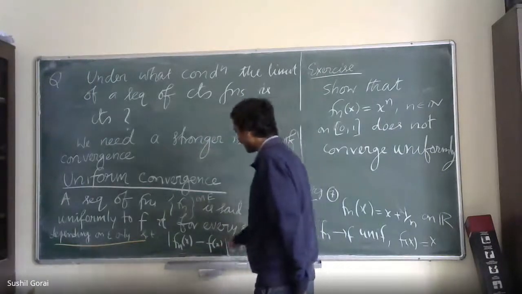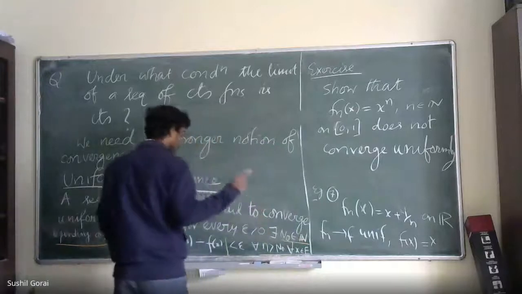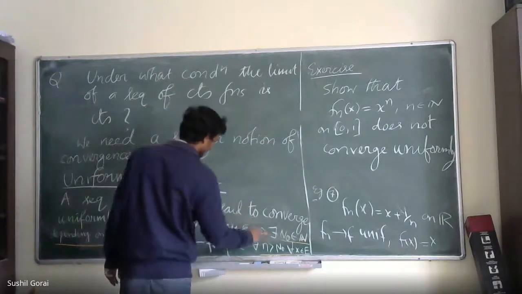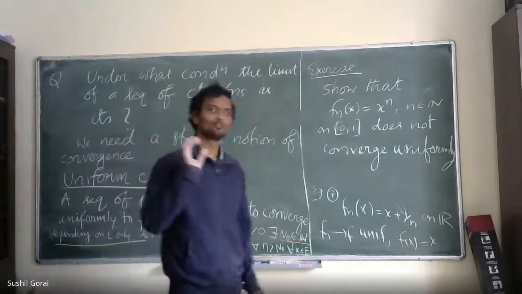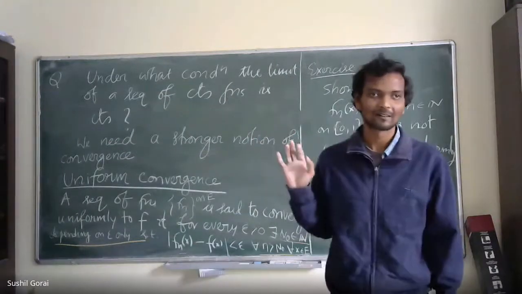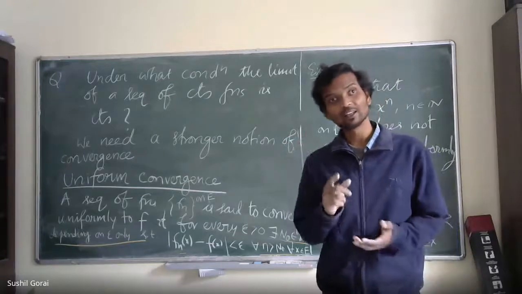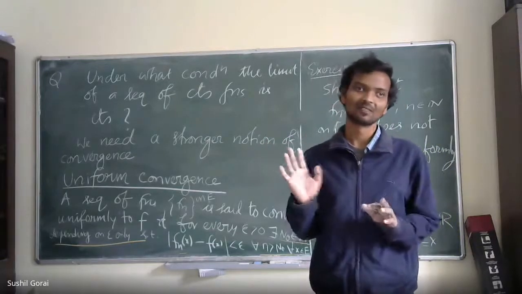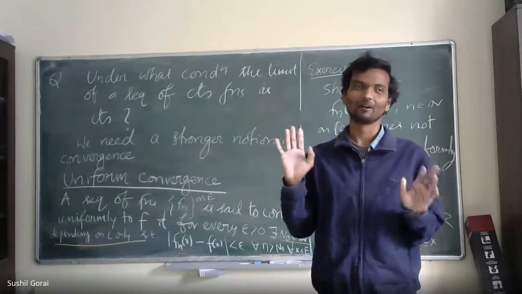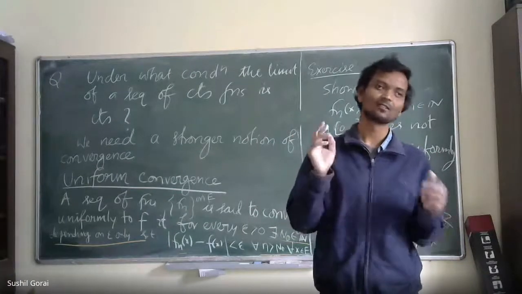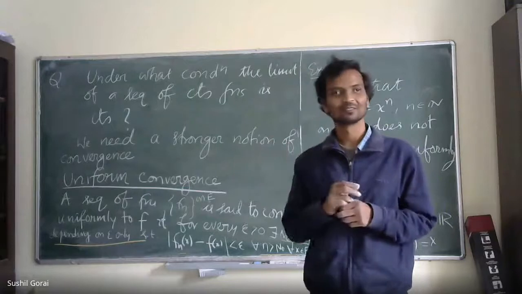The difference is that the same n naught works for every point x in the entire domain. In both cases you have a limit function over the whole domain.